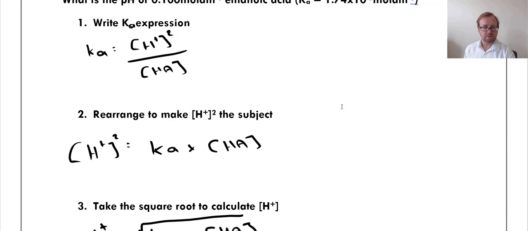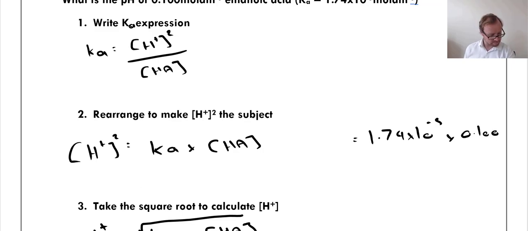So the calculation would be 1.74 times 10 to the minus 5 times my original concentration, 0.1, which gives me a value of, we'll just leave it as [H+] squared at the minute. And now I can do this calculation down here.